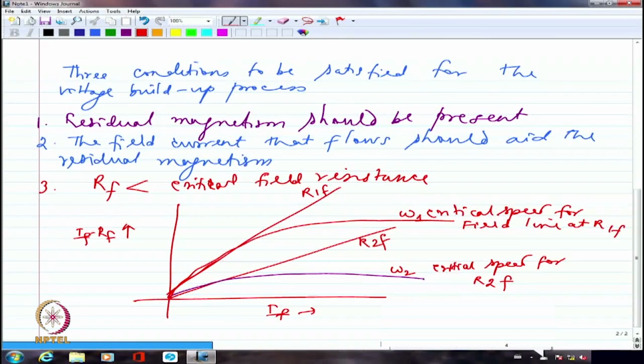So for that, whatever we are defining as the critical resistance of the field circuit, that we say as the critical field resistance for that particular generator with that particular rated speed. As simple as that, right? So much so for self-excitation process in a shunt generator.